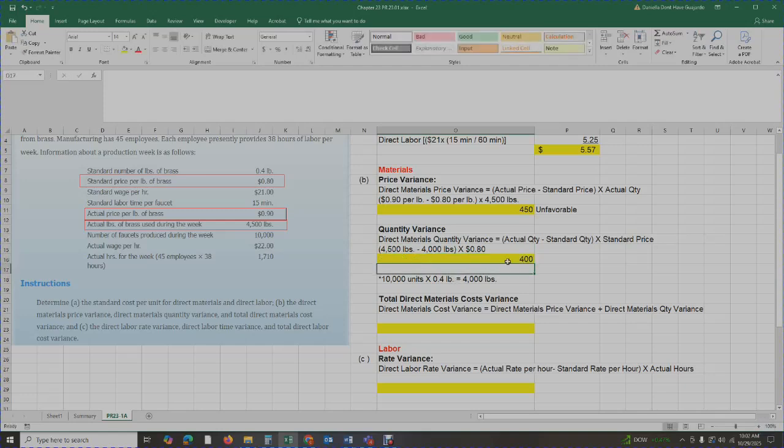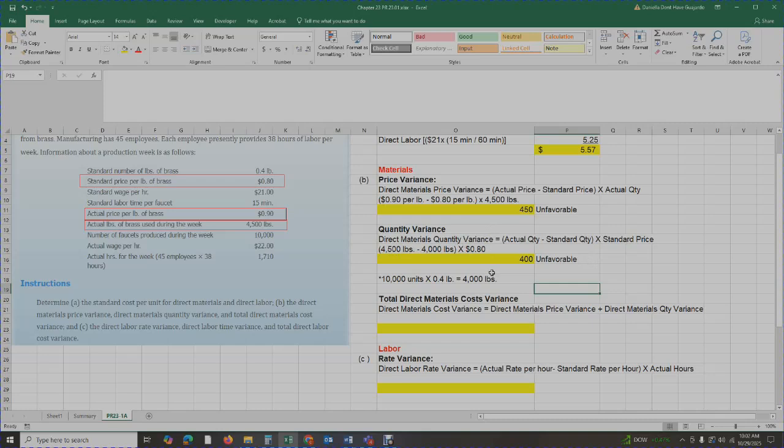And that gives me 400. Once again, the number is positive, which means this is an unfavorable variance. So why is it unfavorable? Well, the actual quantity that we used in materials came in higher than what we had anticipated. So we spent more materials than what we thought we were going to spend, causing an unfavorable variance.